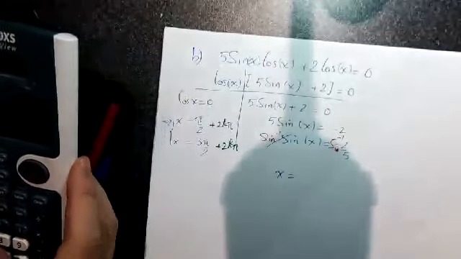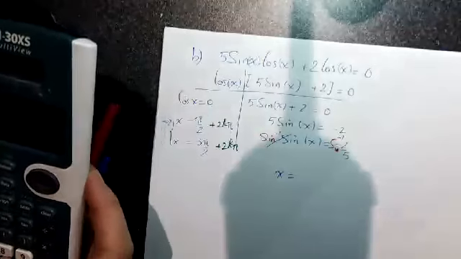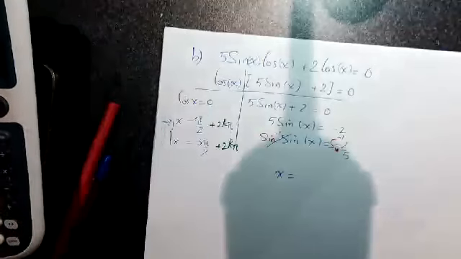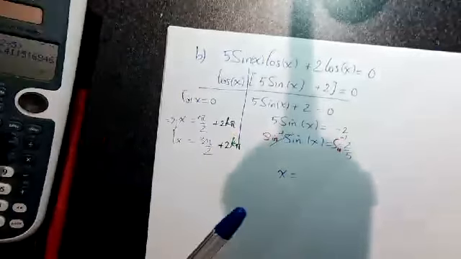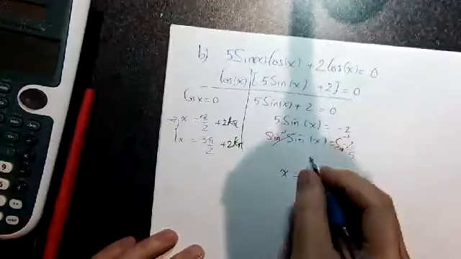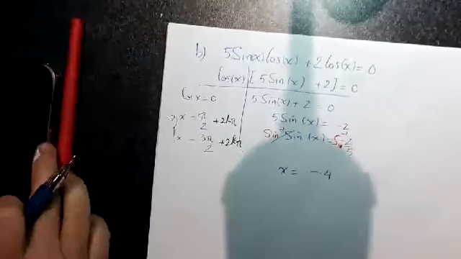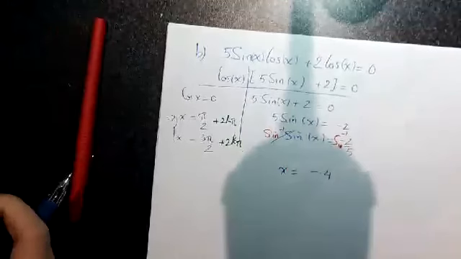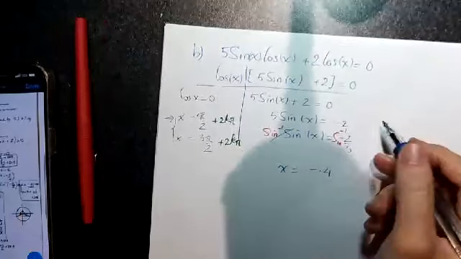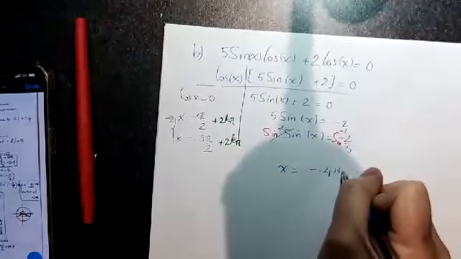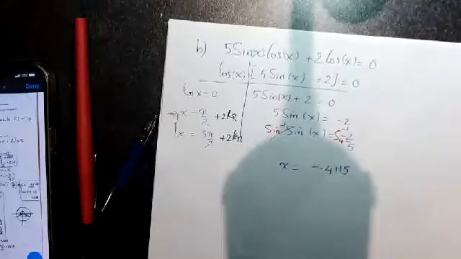Sine inverse of negative 2 divided by 5. I want it in radians, okay? Maybe negative 0.4, 1.15, something like that. And then you add 2k pi.